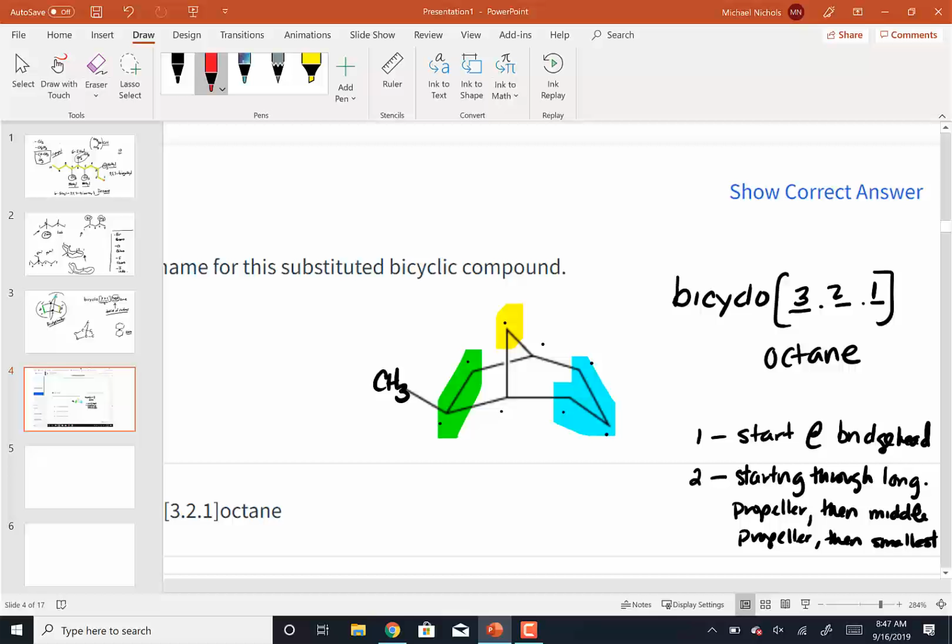Does anybody have a suggestion? I'm going to put an A and a B here. Which bridgehead do you want to start with? A, and how do you want to go? To the right. So this would be number 1, 2, 3, 4, 5, 6, 7. Sorry, you do have to pick up the pen to go to the last, smallest one. 8.